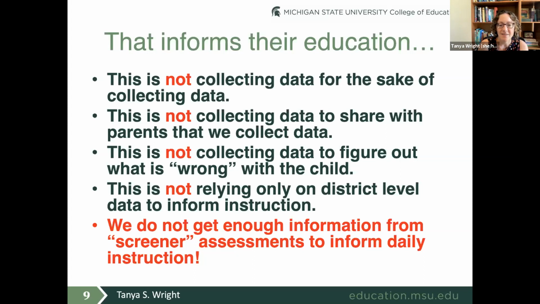And I'm going to emphasize this a lot, not relying only on district level data to inform instruction. So the reality is we do not get enough information from screener assessments that happen a few times a year to inform daily instruction. And I'm going to do a whole bunch of examples to try to emphasize that, because teachers are told all the time by administrators to use the screener data to tell them what to teach.